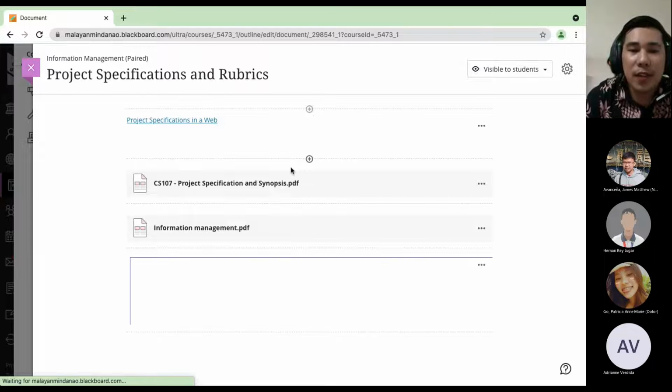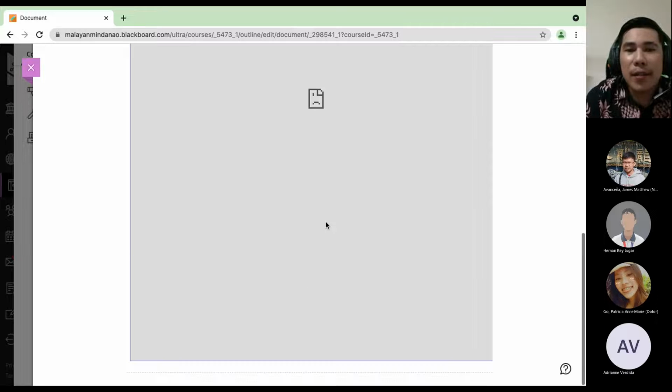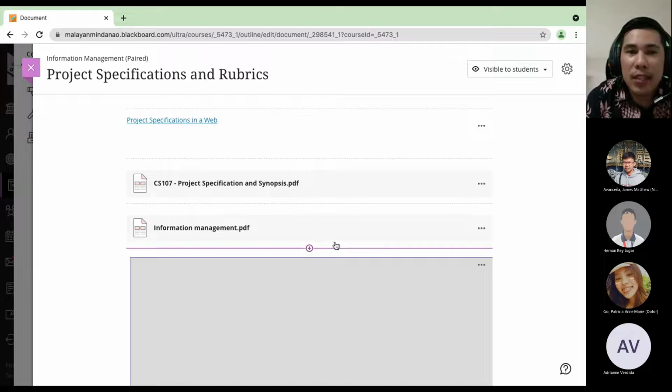Project specifications are in PowerPoint or PDF, which might not load properly depending on the browser you're using. If you want access or a view of it, you can download any of these.